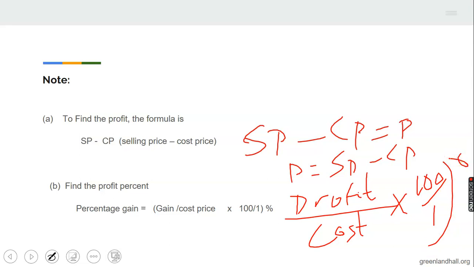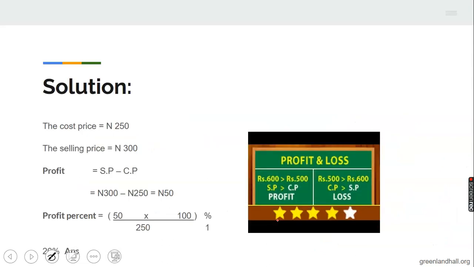Don't forget, your answer must come in percent. So the profit percent is profit over cost price times 100 over 1, and your answer will come in percentage. Now let's go to the next slide for the solution of the question that we have.